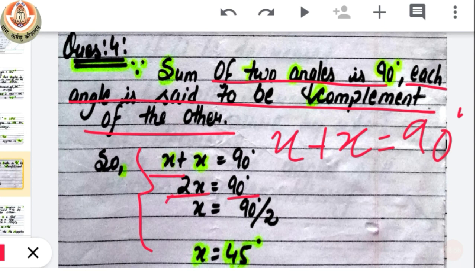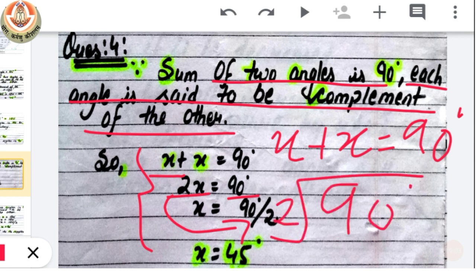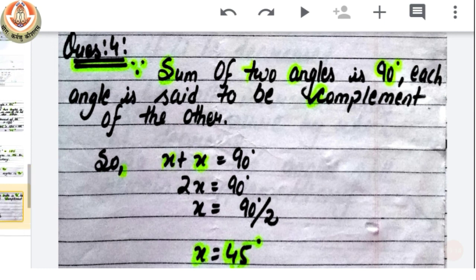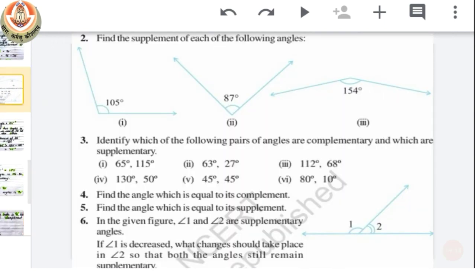Then this 2 goes to the other side of the equal sign in the denominator and divides 90 degrees. When we divide 90 degrees by 2, we get 45 as the answer. That means 45 is that angle. When we add 45 with 45, we get complementary angles. That means 45 is the angle which is equal to its complement.